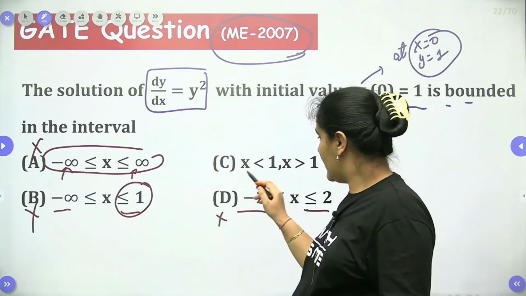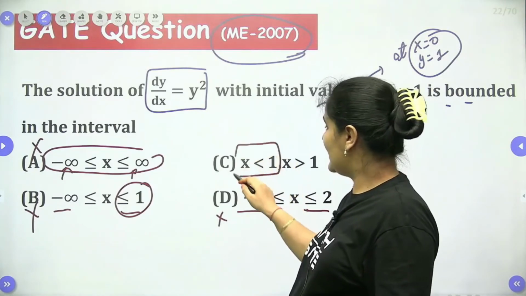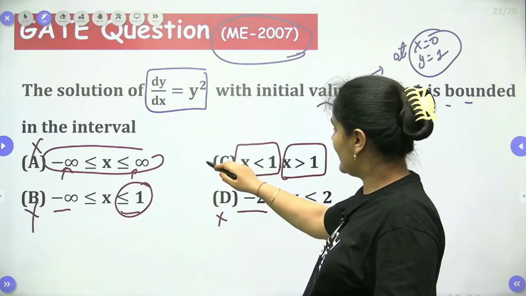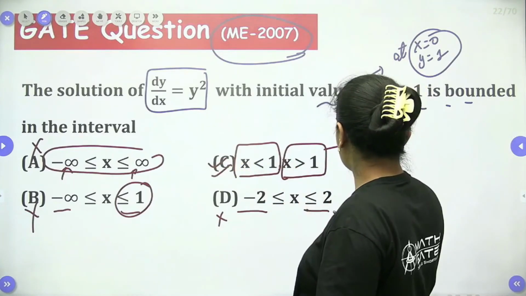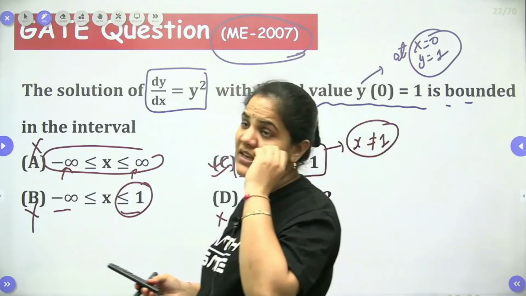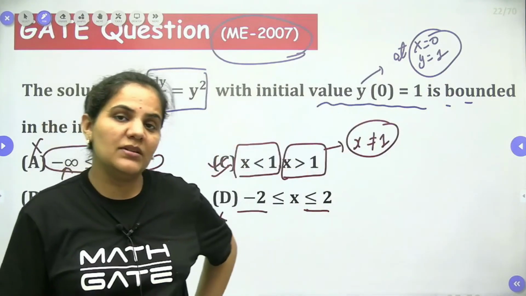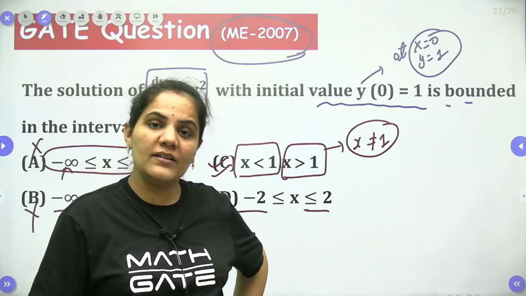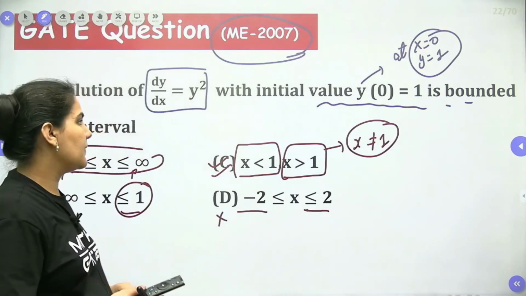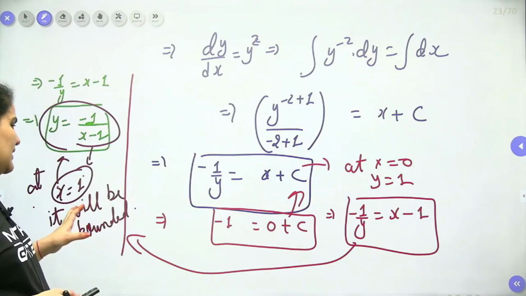But here either your x is less than 1 or your x is greater than 1, but your x cannot be equal to 1. So option C is giving us the condition of the bounded curve, the bounded solution. Clear guys?